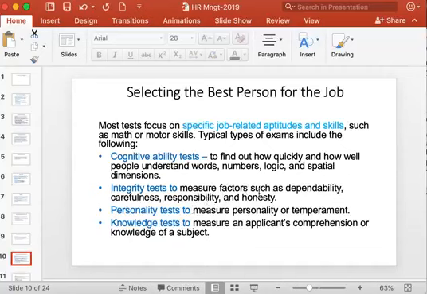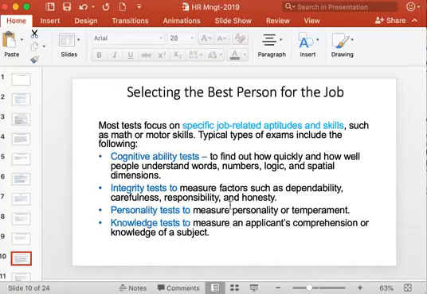And the tests can be divided into cognitive ability test, integrity test, personality test, knowledge test, and so on. Cognitive ability tests are used to find out how quickly and how well people understand words, numbers, logic, and spatial dimensions.